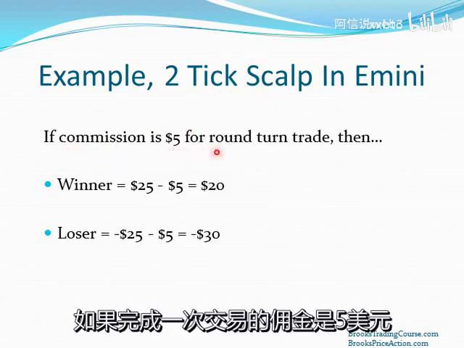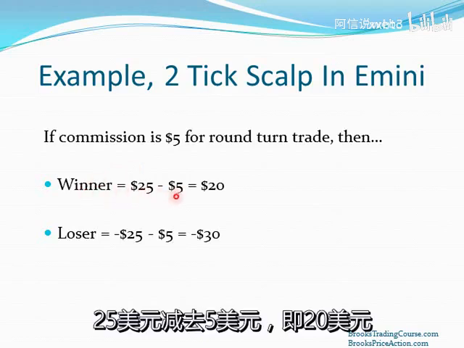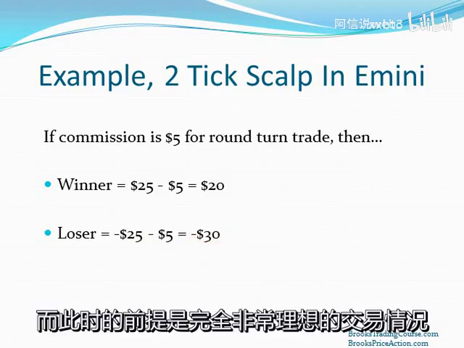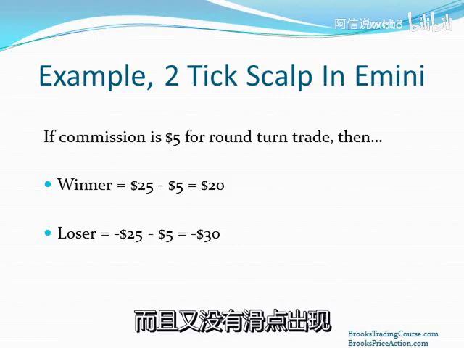If the commission is $5 for a round turn trade, then each winner is $25 minus the $5 commission, so you net $20. Each loser, you lose $25 plus you pay the $5 commission, so it costs you $30. And that's assuming you execute everything perfectly, don't make any mistakes in your decisions, in other words taking bad trades, and you don't have any slippage.